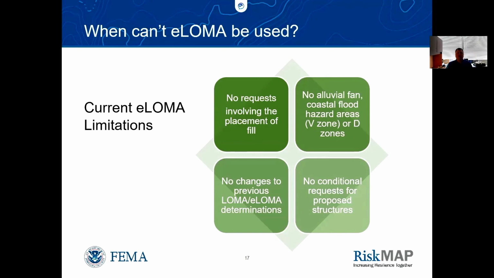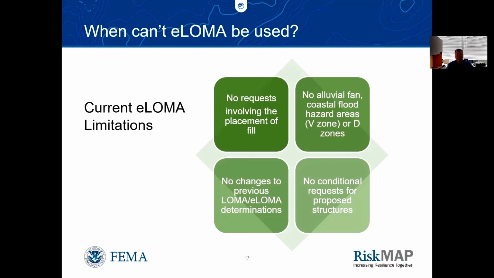So there are some limitations in the current eLOMA process. Mentioned before, if fill has been placed on the property, eLOMA cannot be used. If the subject is in an alluvial fan or a coastal high hazard area, a B zone, or a D zone, eLOMA cannot be used. eLOMA can't be used to make changes to a previous LOMA or eLOMA determination. So one of the things we've seen is if a licensed professional enters an eLOMA and it doesn't get audited, and then the next day or a week later they notice that they made a mistake, they're not supposed to be using eLOMA to correct that mistake.